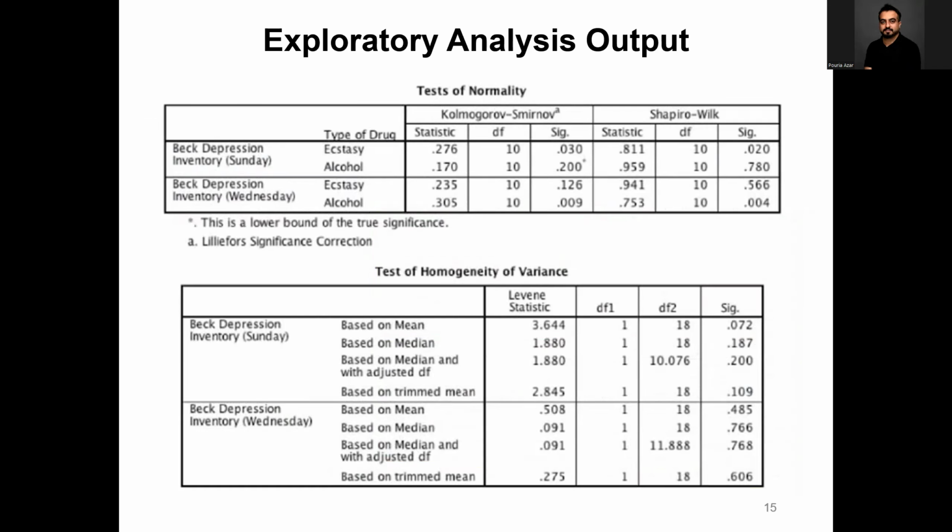In these cases, I would assume that the data is not normally distributed, so I would go with a non-parametric test. This is the same case with the Shapiro-Wilk test as well.